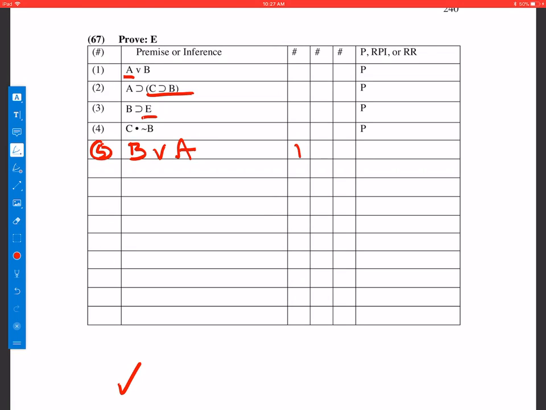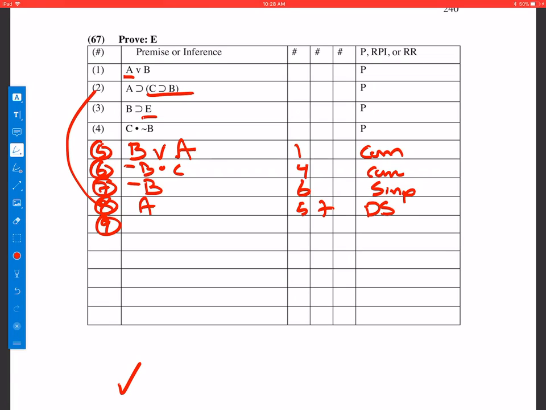First things first, let's rotate 1 to B or A, 1, com, and let me rotate line 4, not B, and C from 4 by com. I'm going to pull off the not B from 6, simplification, and that lets me get an A from 5 and 7, disjunctive syllogism.